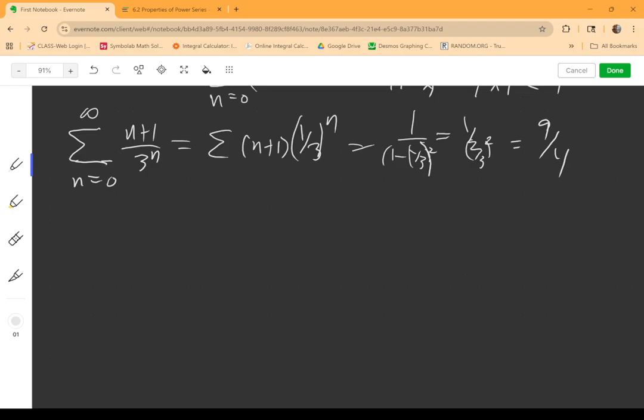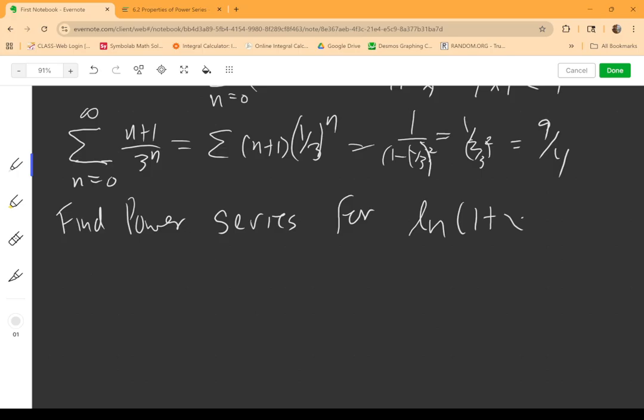Here, let's say that I want to find the power series for ln of 1 plus x.